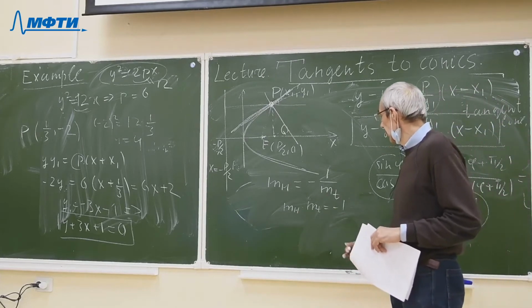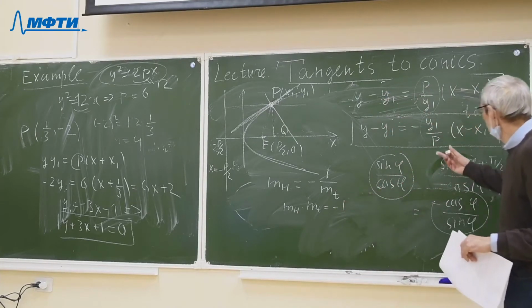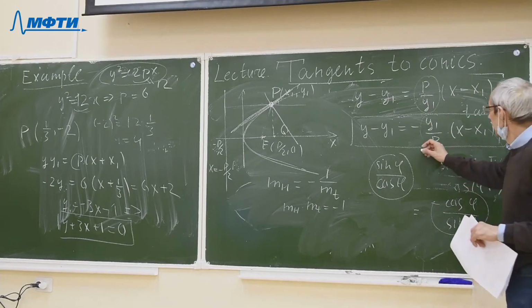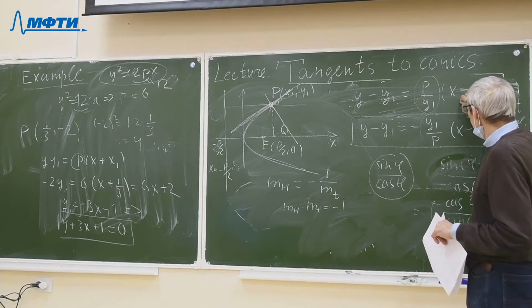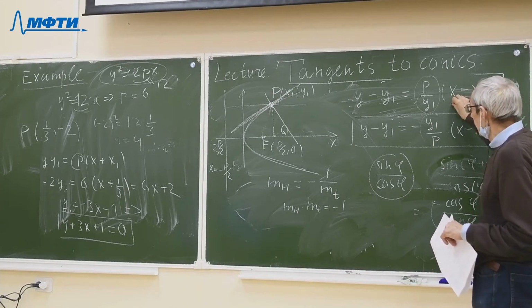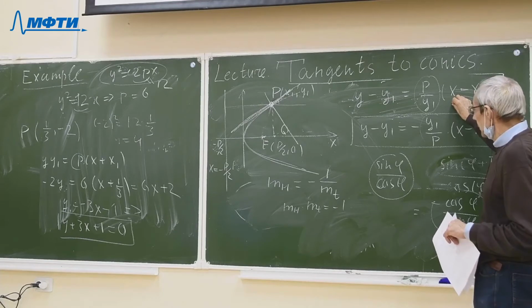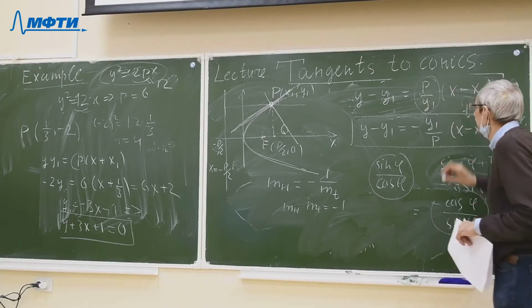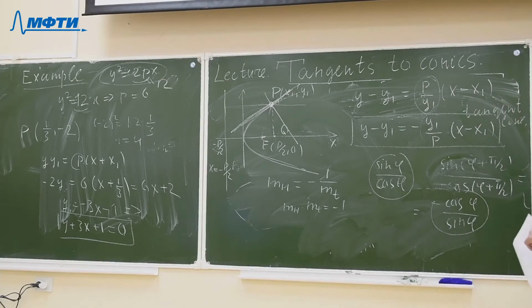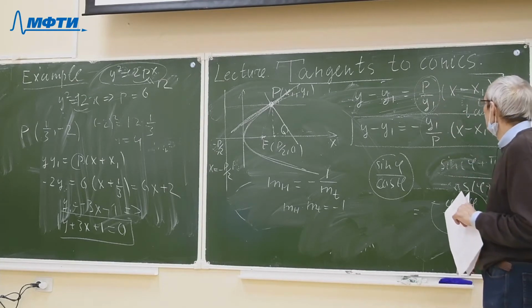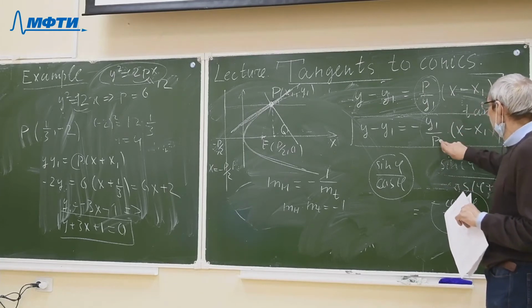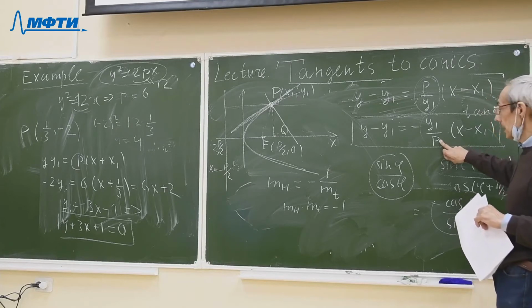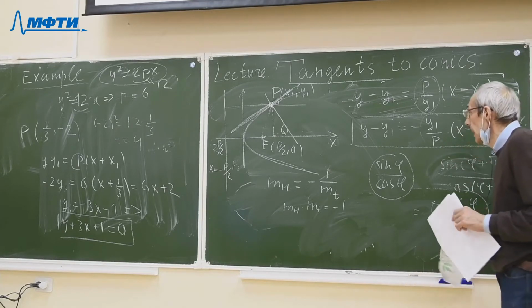Using this simple observation, we obtain that the formula for the normal straight line has exactly the same form as the equation of the tangent straight line, but we change the slope of the tangent to the inverse expression with the opposite sign.